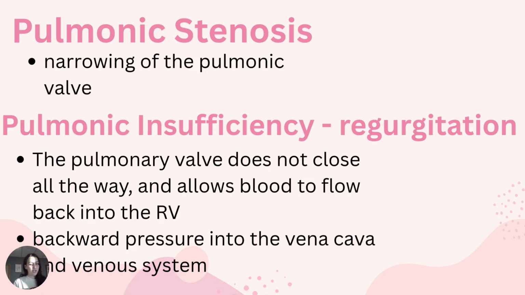So you're going to have jugular vein distension, edema in the ankles, peripheral edema. Same thing with the tricuspid, because you're not able to pump as much blood and your right atrium is going to have to work that much harder. It's going to become hypertrophied, all that fun stuff.